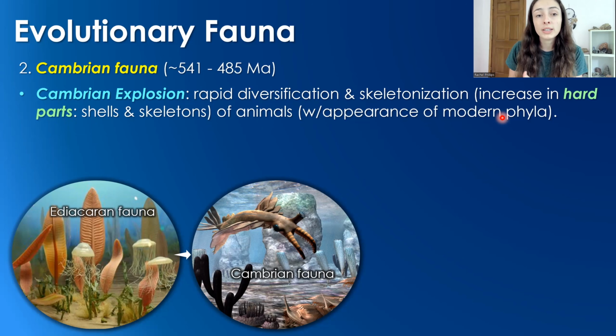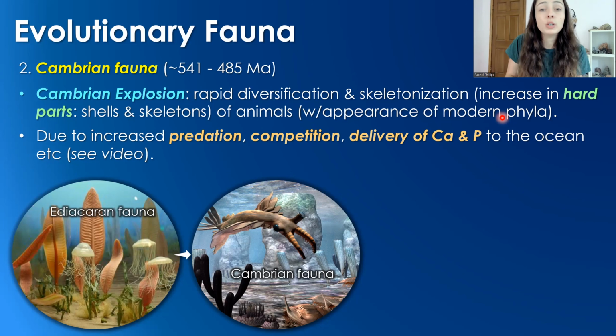And so modern phyla did appear in the Cambrian. However, the species that represented them back then are not necessarily the same as the species that represent them today, but they did evolve. And so that's a little different than the Ediacaran, where most of those major groups went extinct. It was kind of an evolutionary experimentation period, and the Cambrian was kind of, okay, we're finally getting it right.